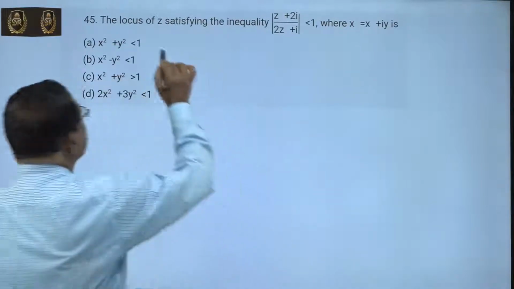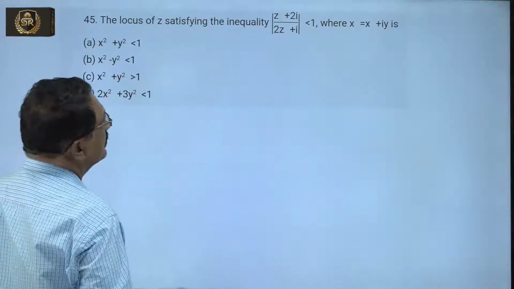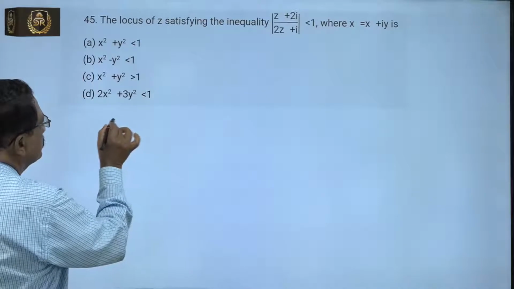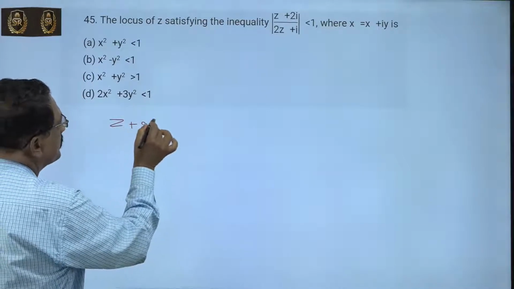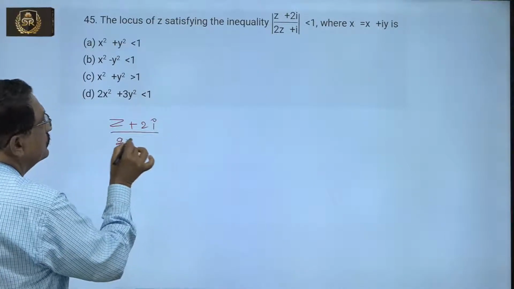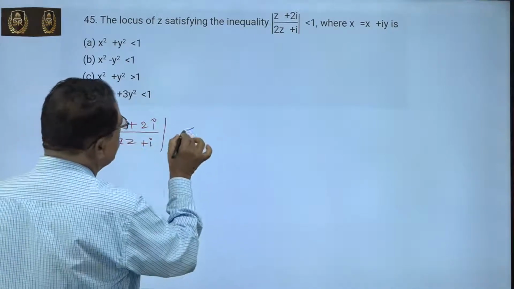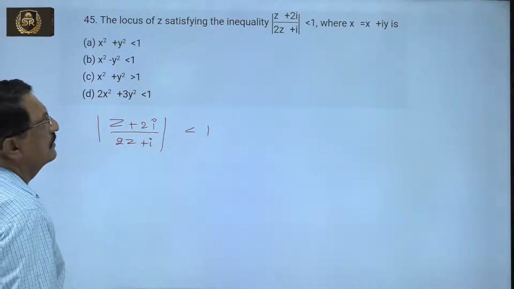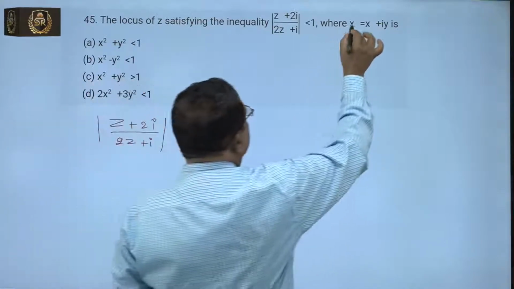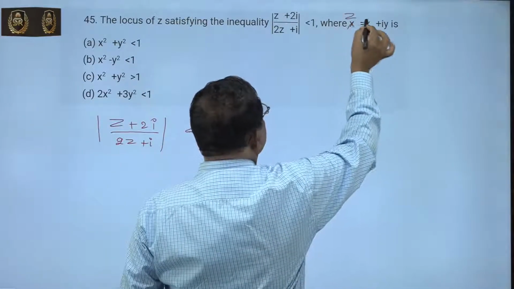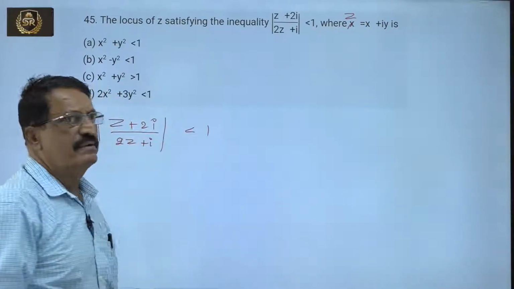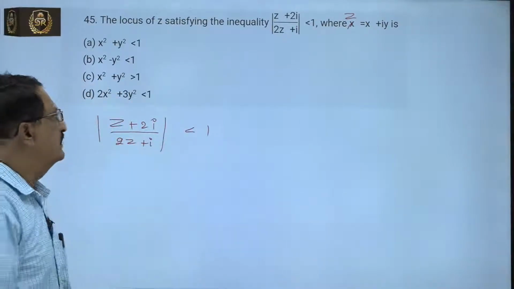Next, the locus of z satisfying the inequality mod of (z plus 2i) by (2z plus i) less than 1, where here it is not x equals, it is z equals x plus iy, always a complex number z equals x plus iy.